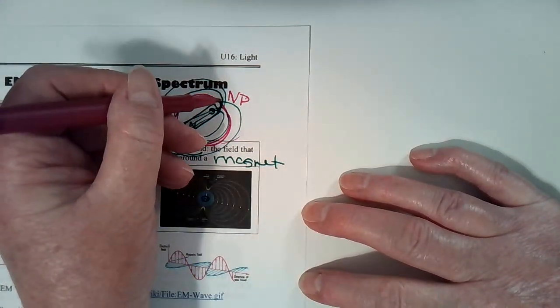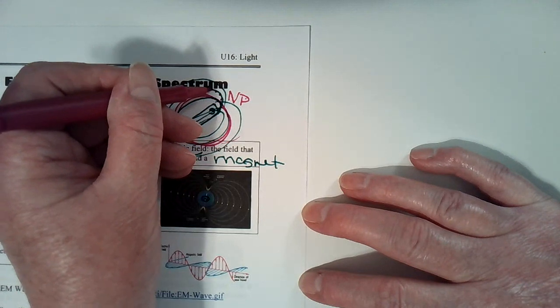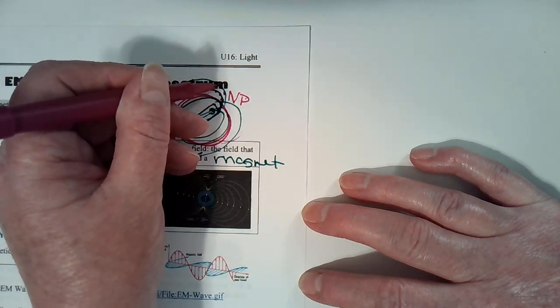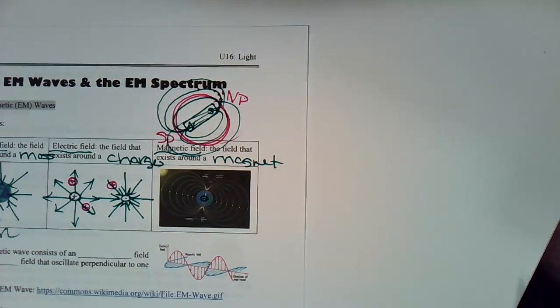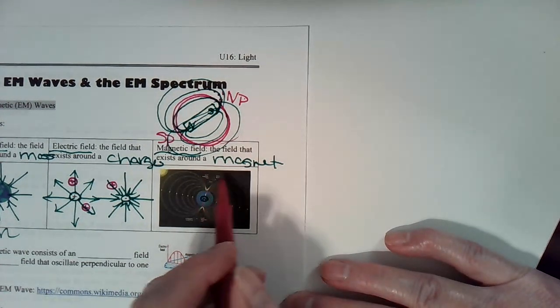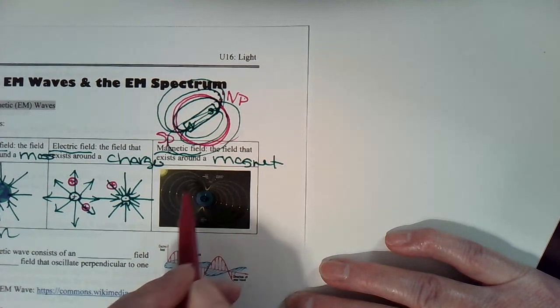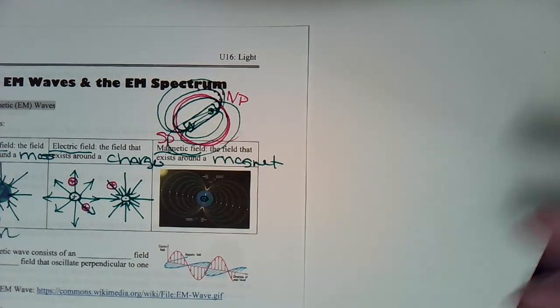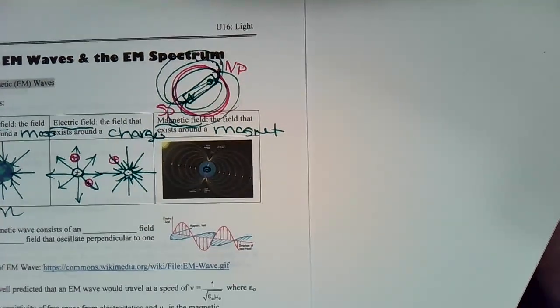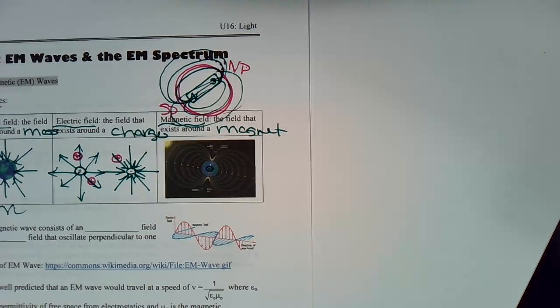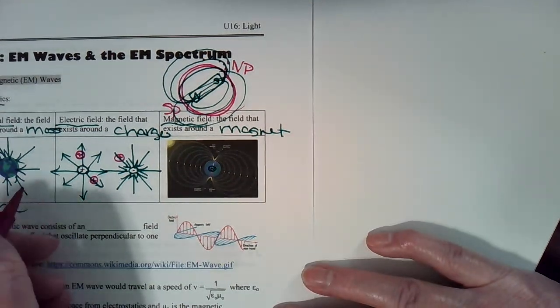And basically, the charged particles in the atmosphere align themselves with these magnetic field lines. And so the pretty displays that we get in our sky are because there are magnetic fields around our Earth and around any magnets.